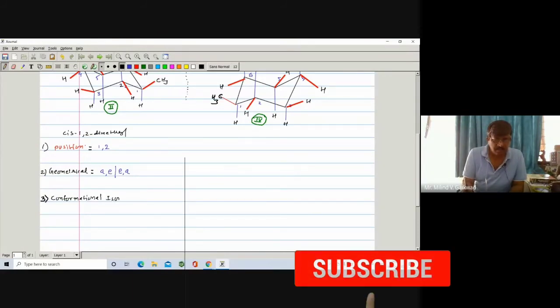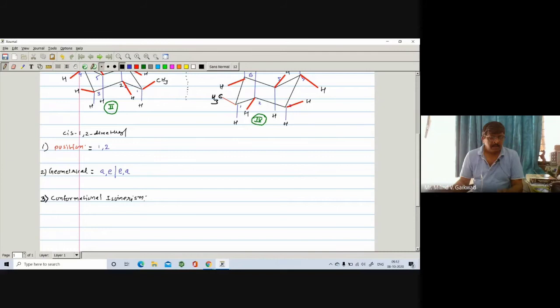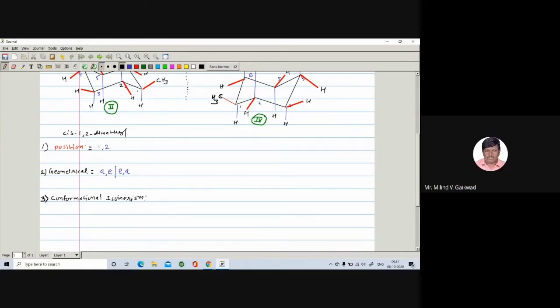Conformational isomerism. In this one, you'll see that here and in section number 2, they can interconvert into each other due to the carbon-carbon single bond rotation.